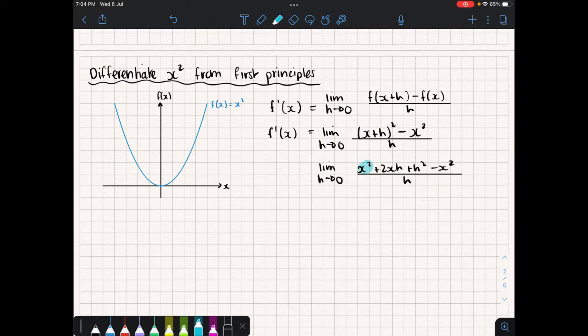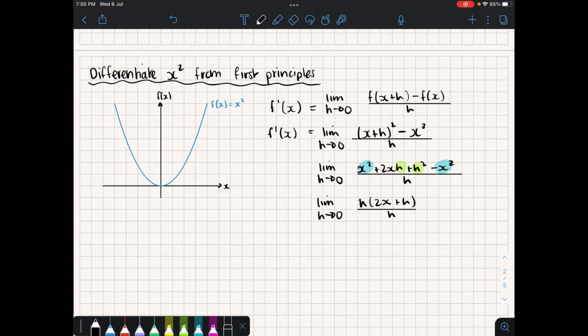Now we can already see the x squareds are going to cancel out nicely, and we have a common factor of h in the numerator, so we're going to factorize that out. So we're going to get the limit as h approaches 0 of h(2x plus h) all over h.